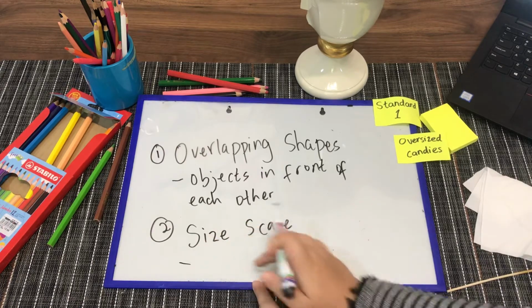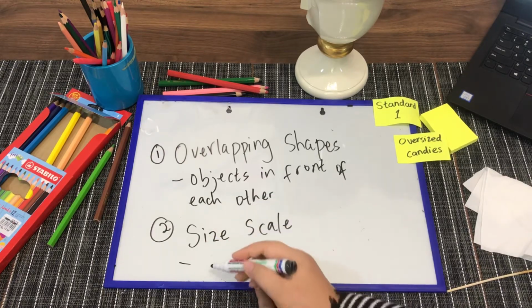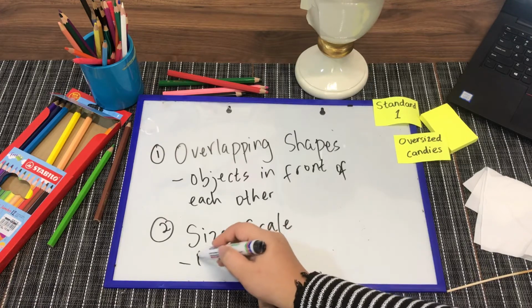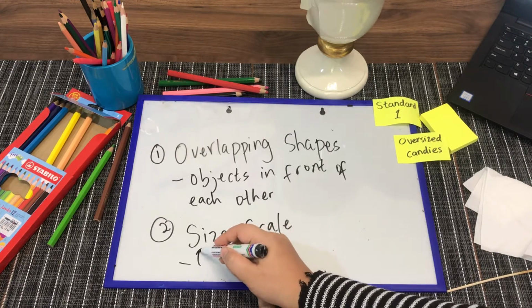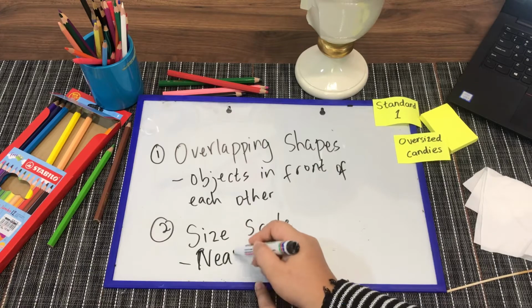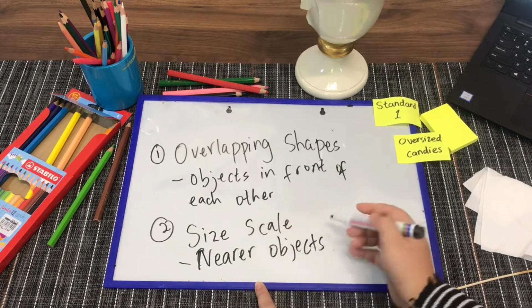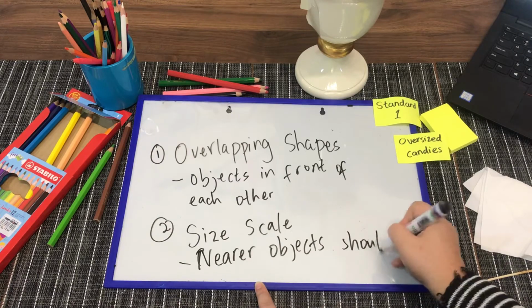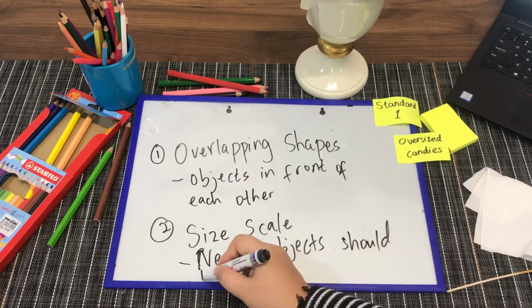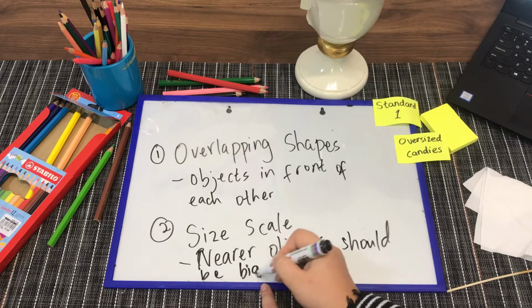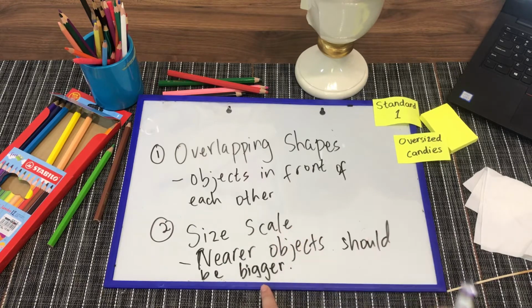For this one, you have to make sure, as usual, nearer objects should be bigger, right? It should be bigger than the rest of the other objects.